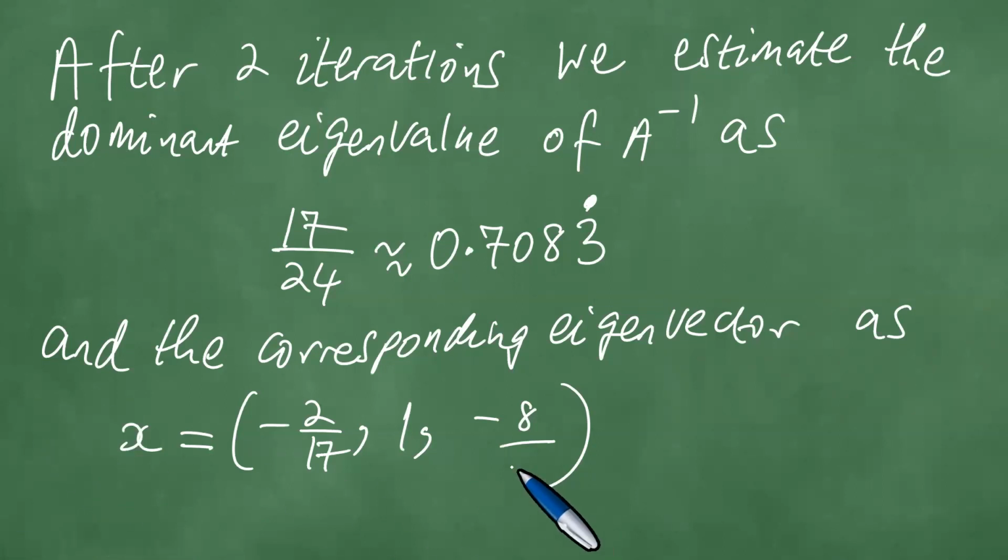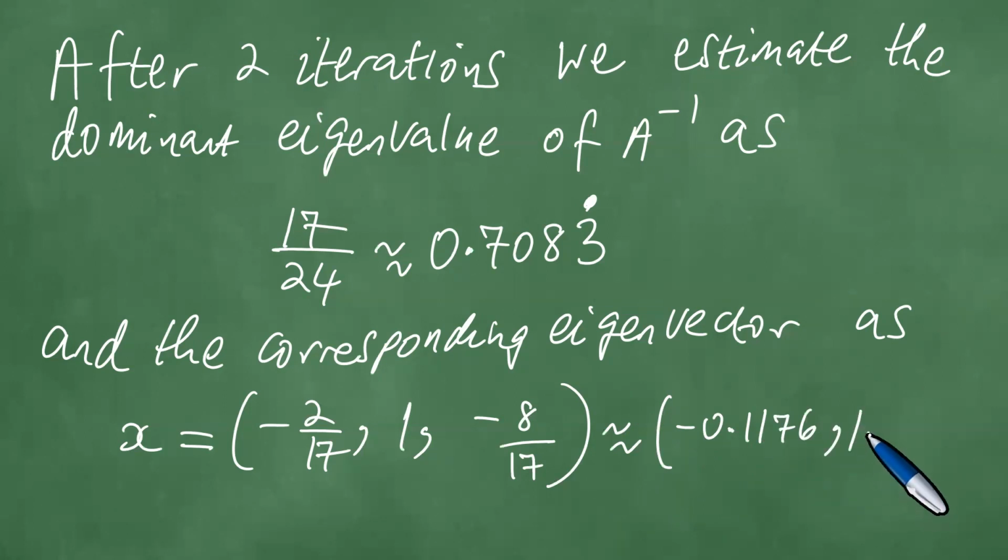Okay, and obviously you can look at this and find this in the memo. And in the memo, it's going to be estimated like minus 2 out of 17 is minus 0.1176, 1, and minus 8 out of 17 is minus 0.4706.